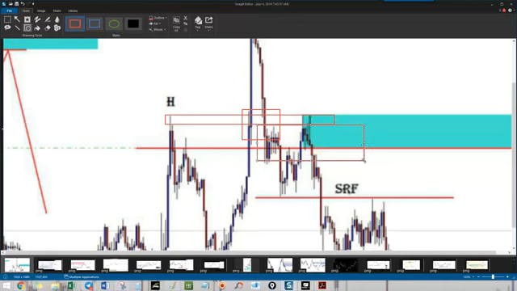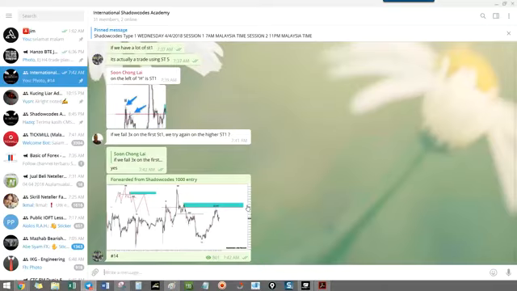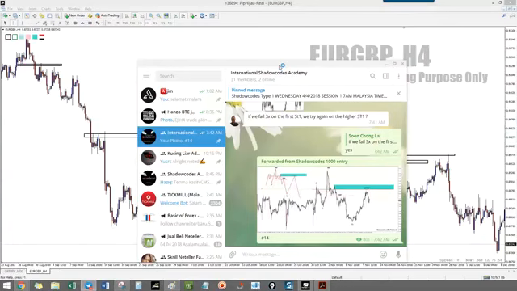Sorry. This one, and then retouch here, and then you will have your MPL there. So same level. ST1 is just a simplified version of maximum pain level. Okay, let's proceed.